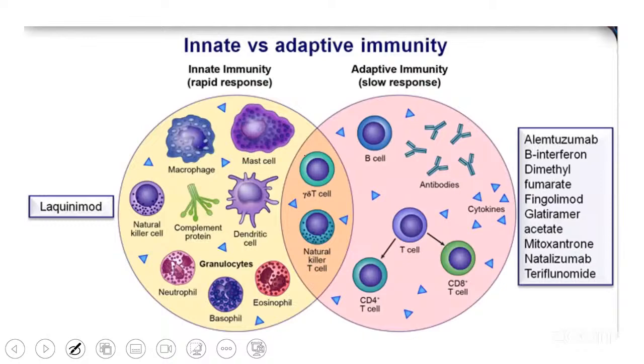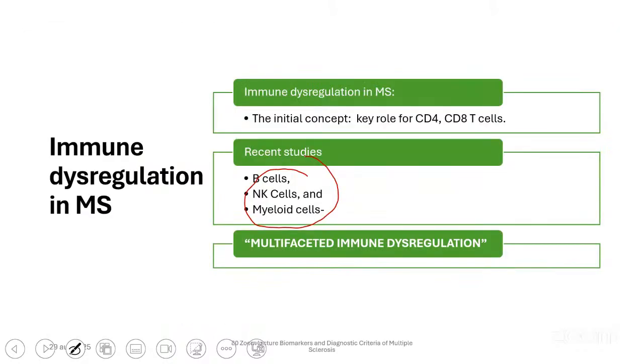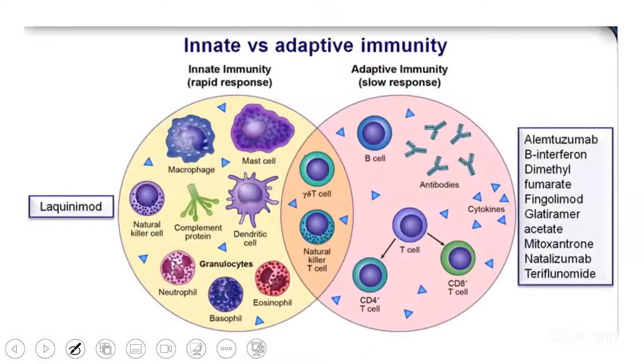The innate immunity, as you can see, usually involves macrophages, mast cells, the natural killer cells, neutrophils, basophils, eosinophils, all these will lead to complement activation and generation of antibodies.